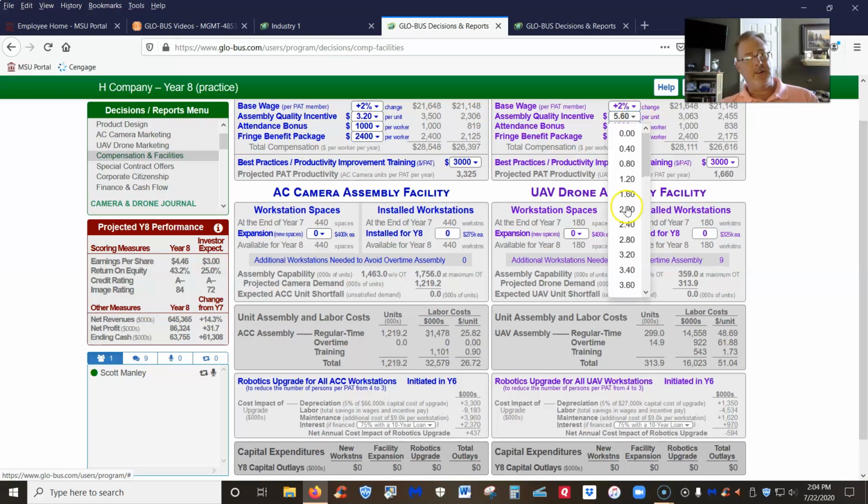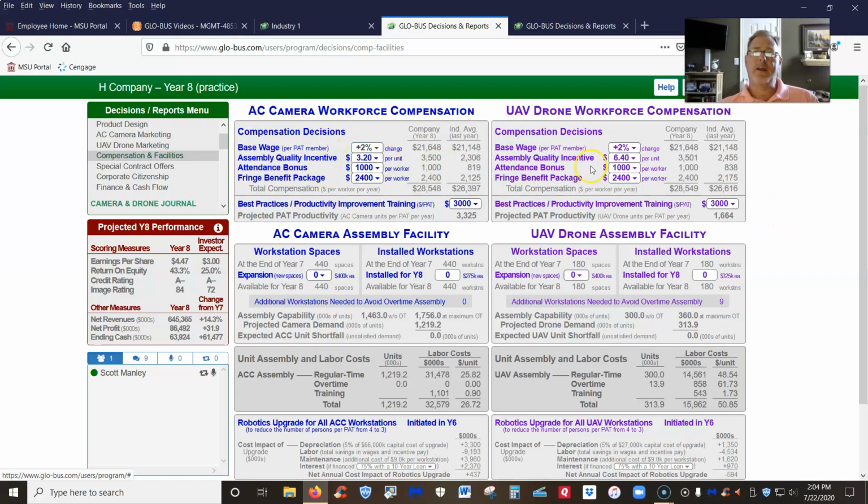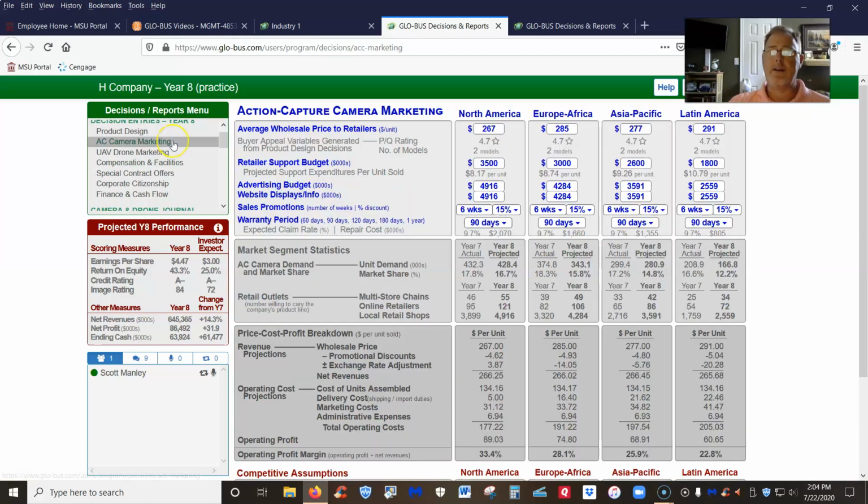And if you'll read your participants guide, it tells you that when you do something in one factory, you should also do it in the other factory. Okay, so I put 320 here and 640 there. What I'm trying to do is just not get killed in the number of warranty claims that I have.